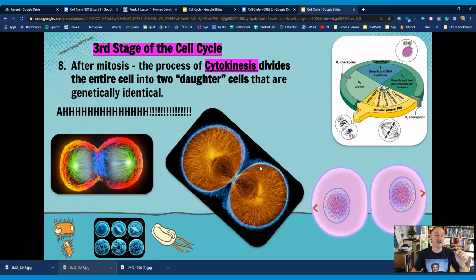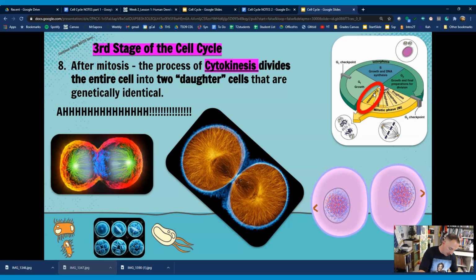And the final stage in the cell cycle, not a part of mitosis, is cytokinesis. This is where the entire cell splits in half, and you get two new cells, what we call daughter cells. So this is telophase right here, because on the outside you've got that one single circle surrounding it.